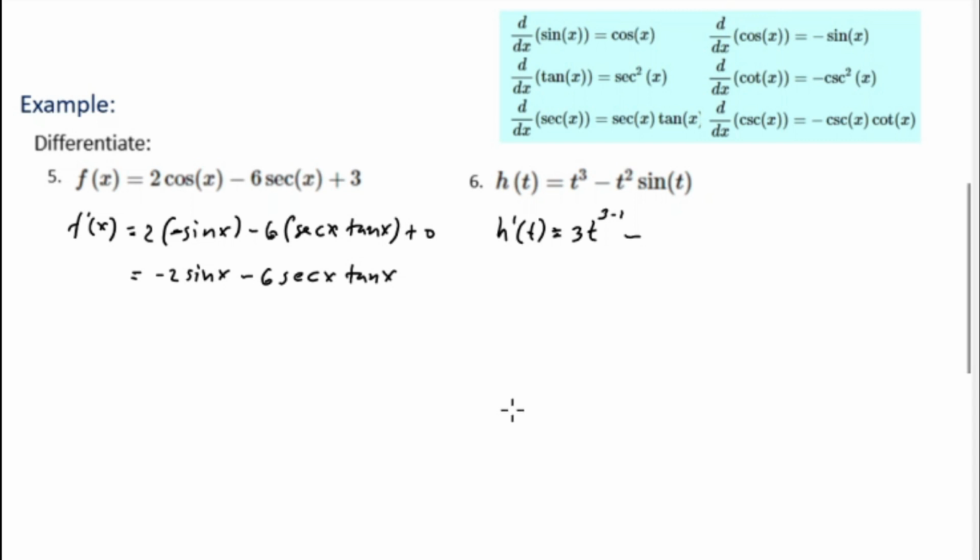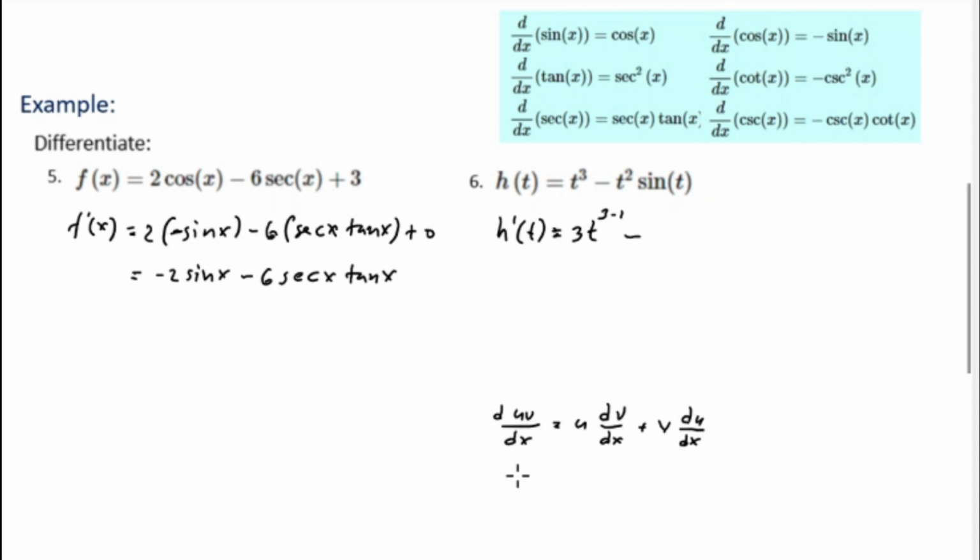We're using product rule. So what is the product rule formula? For d of uv over dx, the formula is u dv over dx plus v du over dx.